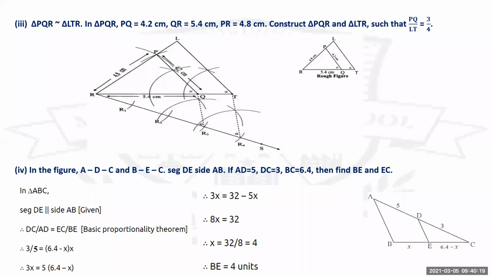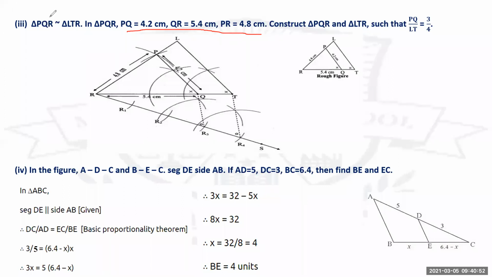So construct triangle PQR and triangle LTR such that PQ upon LT equals 3 upon 4. Now in this question, remember, one triangle is given to you completely. So first you will draw that triangle. You have to construct that triangle first. Check. P, Q, R. You're going to construct triangle PQR.